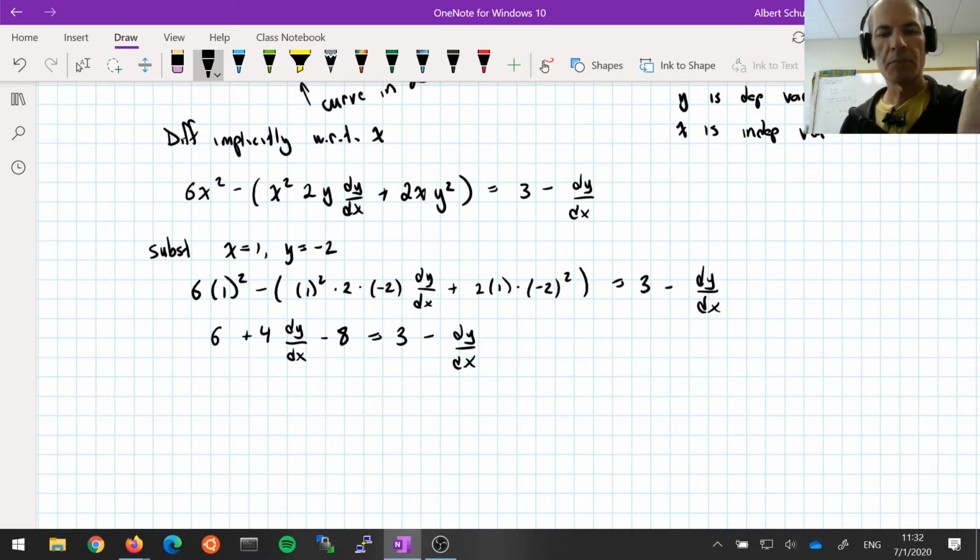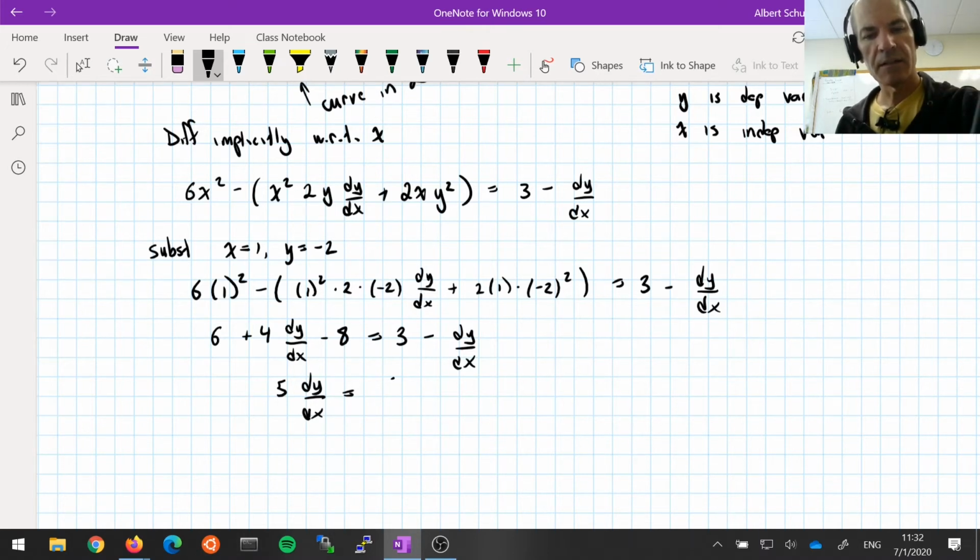All right, let's move the dy/dx on the right over to the left. And let's move the 6 and the negative 8 over to the right to join forces with the 3. That's going to give me a 5. And we've learned that dy/dx is equal to 1.